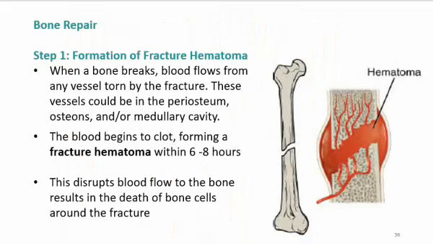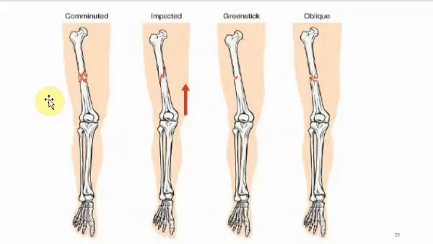The other types we have are a comminuted fracture, where you have multiple fractures at one point leading to several fragments of bone at that point. Then you've got an impacted fracture, which is a result of compression of the bones crashing into each other.